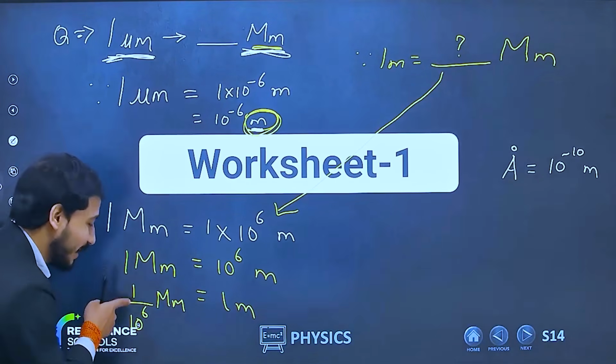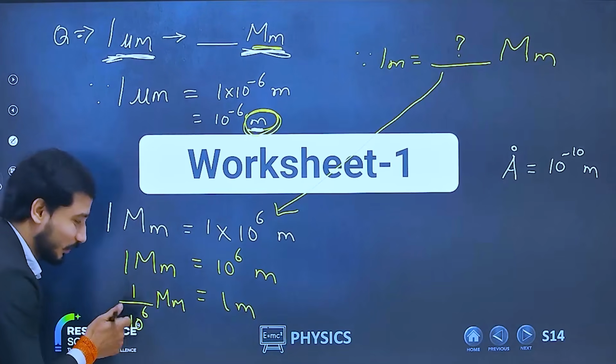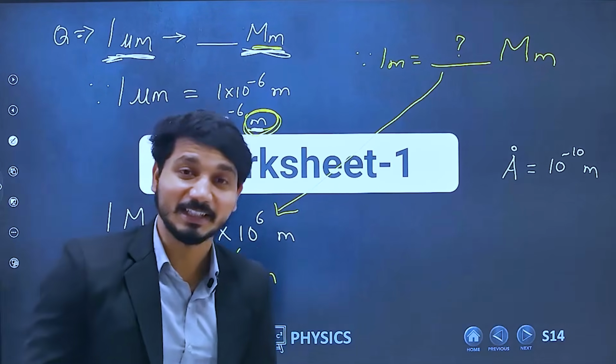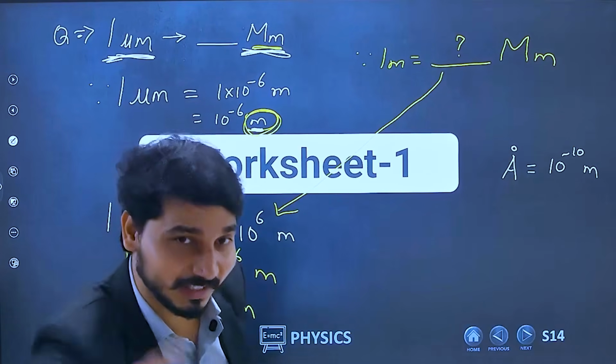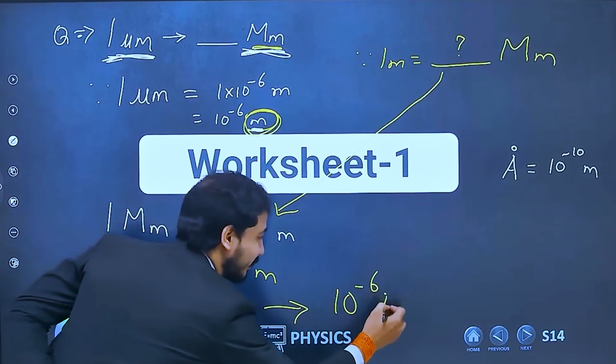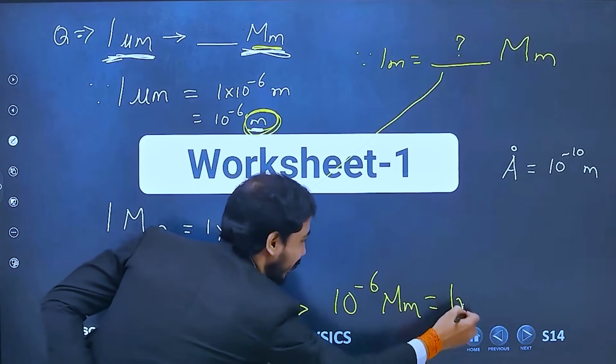So 1 by 10 to the power 6. You can see this is in the denominator, and we know that anything in the denominator can be written as 10 to the power minus 6 megameter is equal to 1 meter. Any doubt?